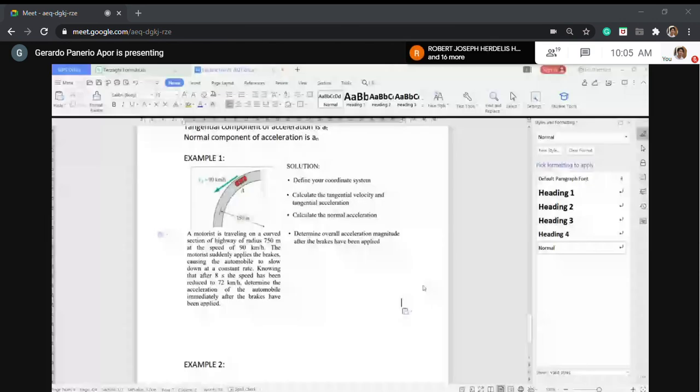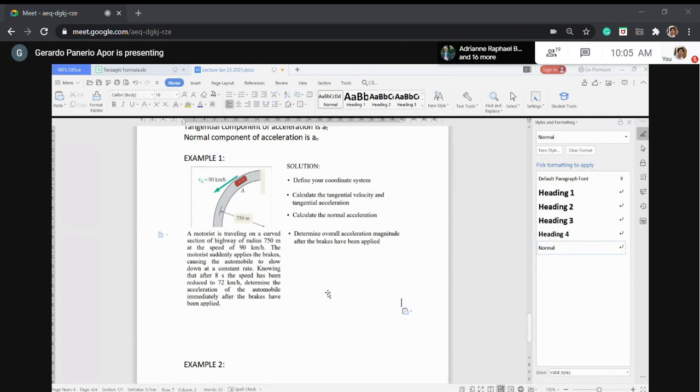Remember, it's kilometers per hour, it's not meters per second. The motorist suddenly applies the brakes, causing the automobile to slow down at a constant rate. As I said earlier, if you enter a curved road, you have to slow down.